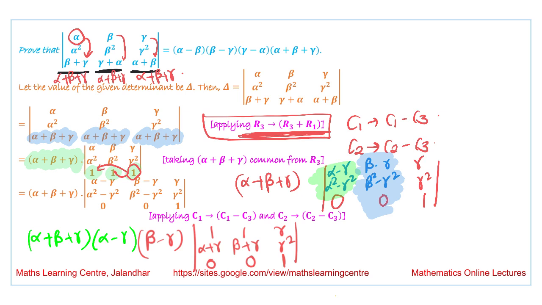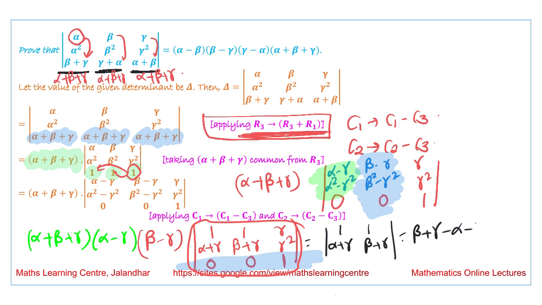Now if we open this determinant along this row, the value of this determinant will be equal to the determinant 1, 1, alpha minus gamma, beta plus gamma. This is equal to beta plus gamma minus alpha minus gamma. So these two values get cancelled and we are left with beta minus alpha.